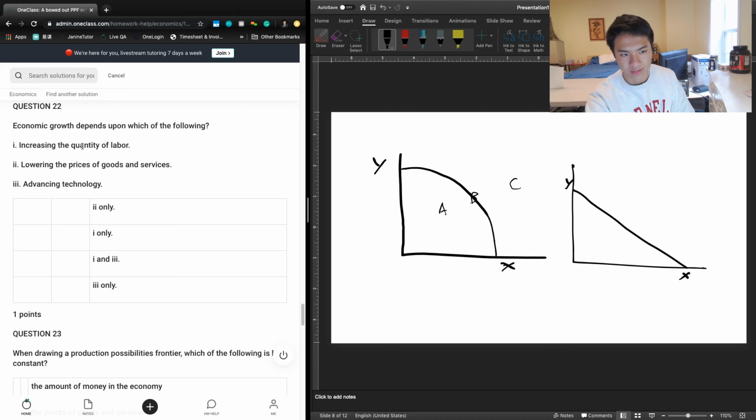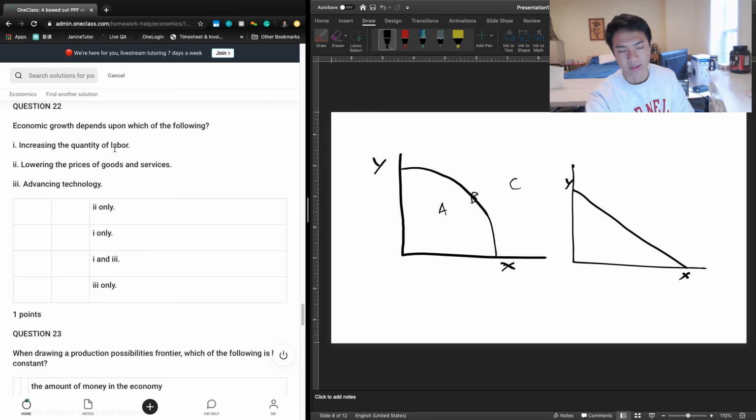You can either increase the quantity of labor, or advance technology, or do both. To say that it depends upon one is to say that it's a necessity rather than a possibility, a sufficient but not necessary condition. We're going to pick 1 and 3, but I think the phrasing of that is an interesting question. But 1 and 3 should be the right answer.